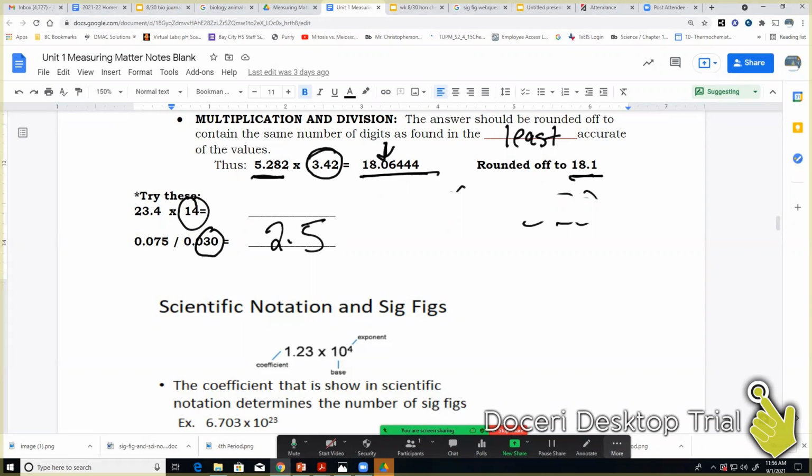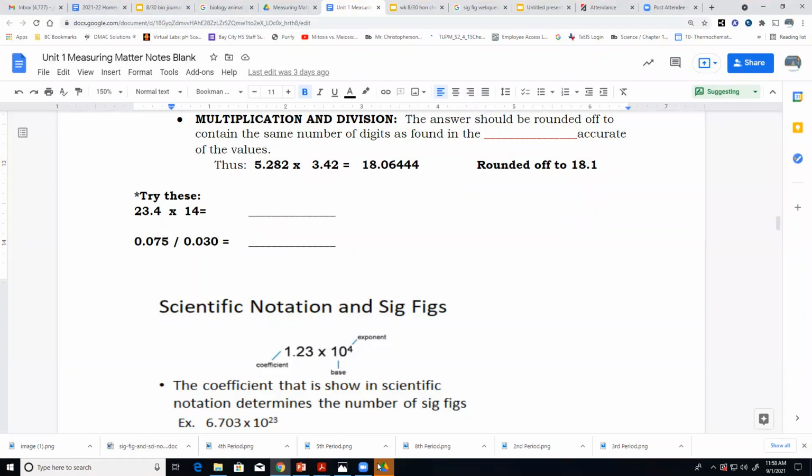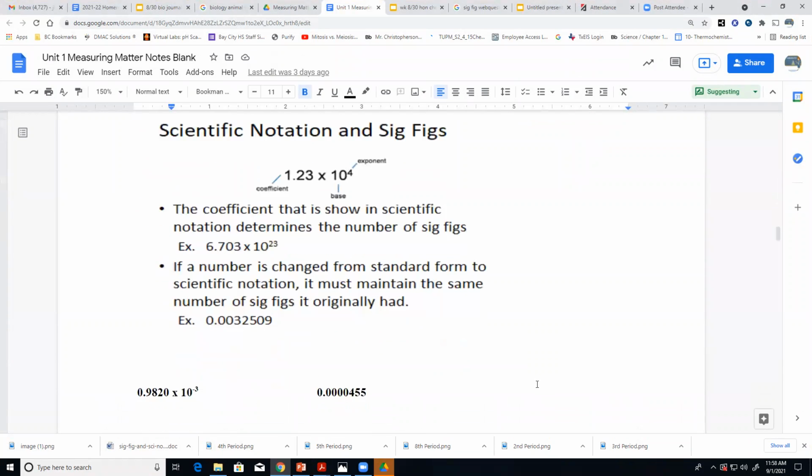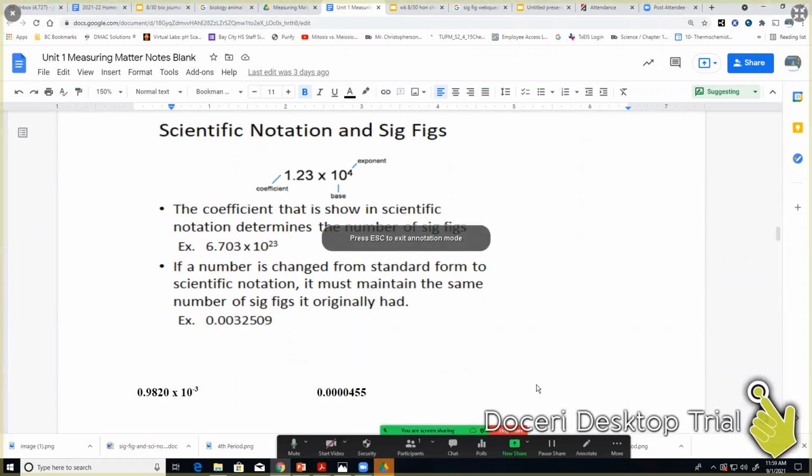All right, dealing with scientific notation, I never can remember. Scientific notation is sig figs. Like I said, I'm not going to go over how to write or read scientific notation because y'all have already done that, and I have a little video for you to refresh your memory.